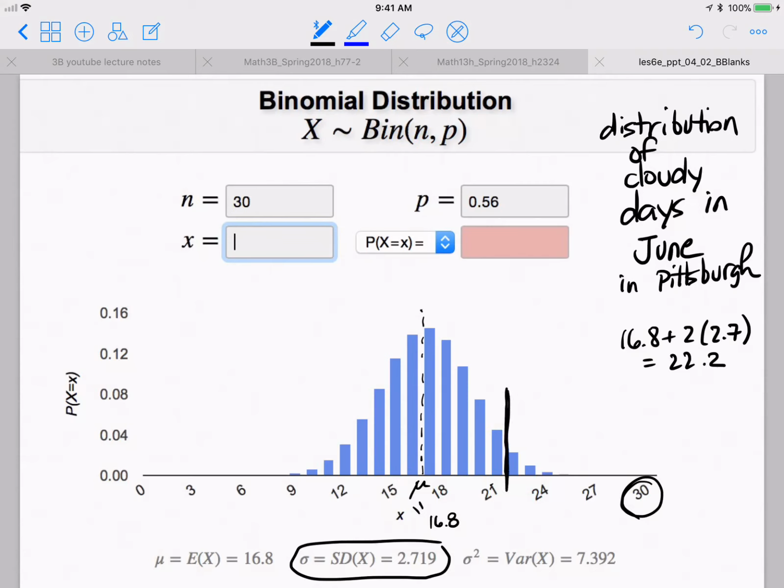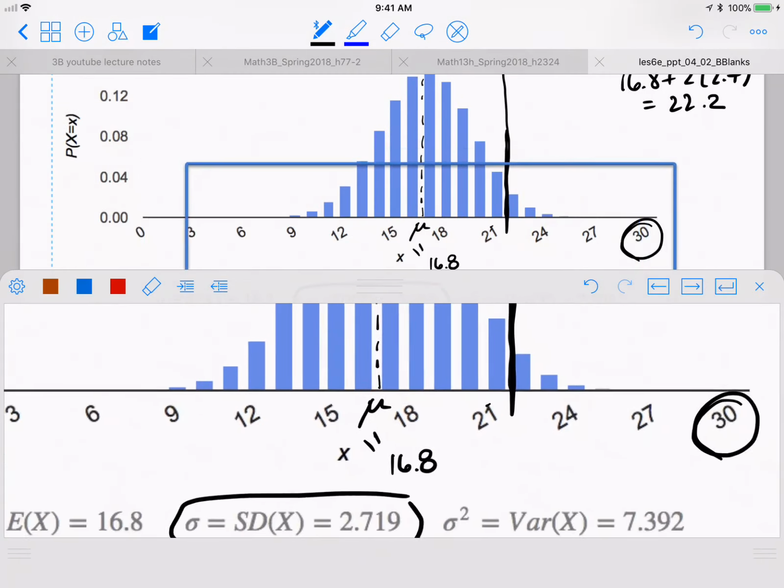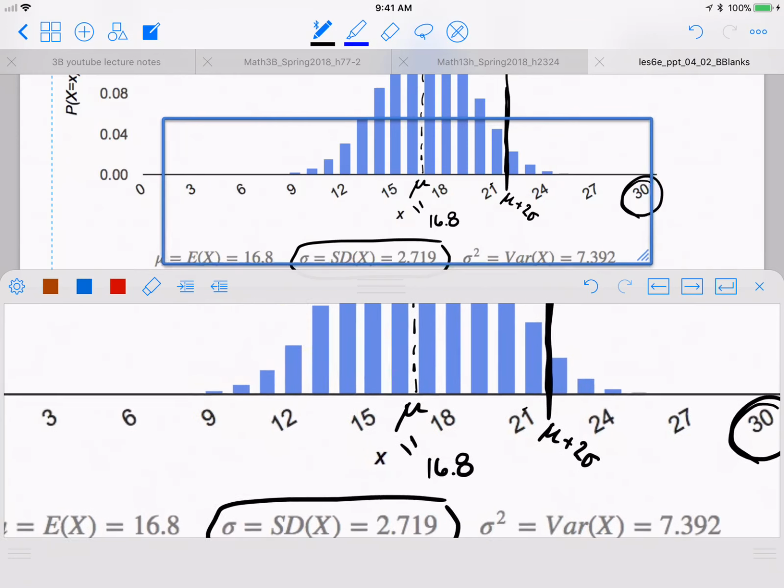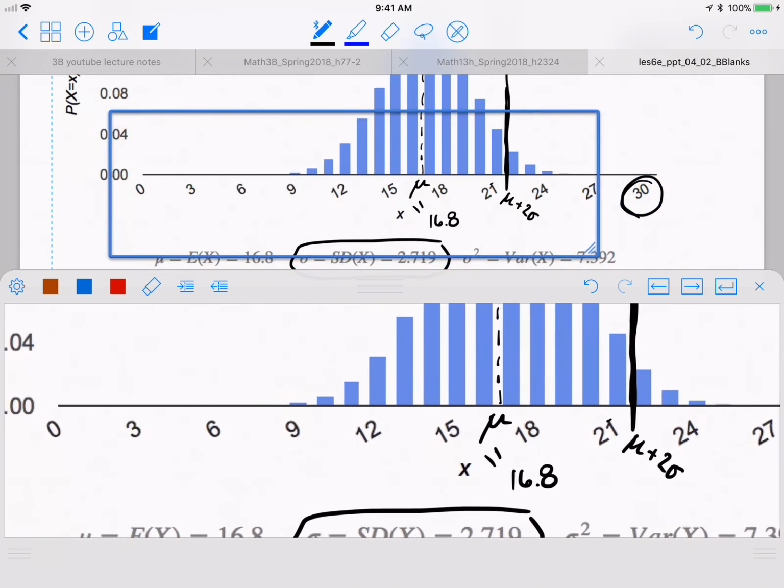So this right here is mu plus 2 sigma. And now we could go 2 standard deviations below, which is going to be 11.4. So that is mu minus 2 standard deviations.